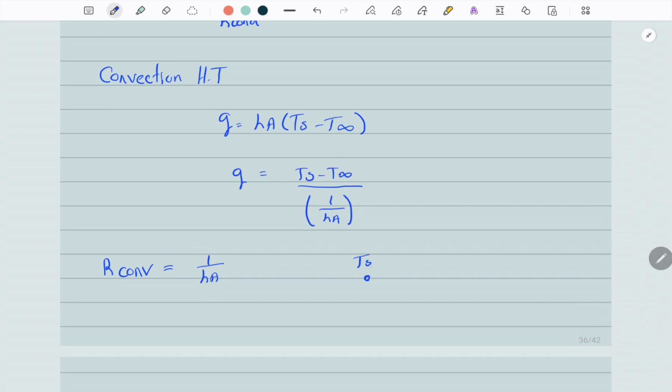That's the temperature of the surface. The convection air acts as a resistance, and that is your final temperature, the temperature of the surrounding, T infinity. Heat flows from the temperature of the surface to the surrounding, Q, and the resistance is the convection resistance.